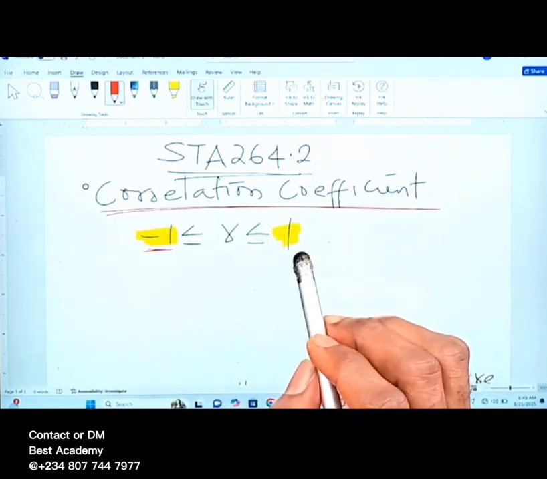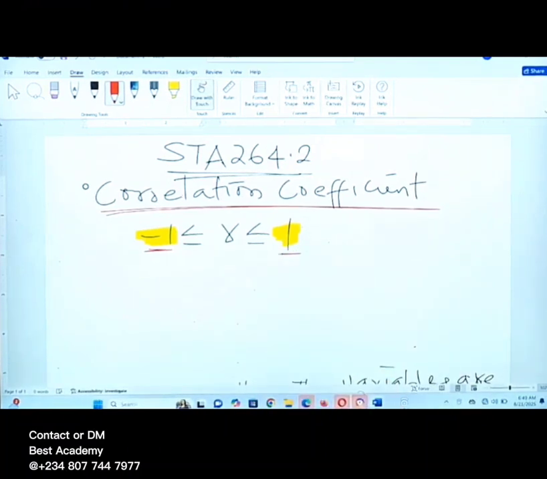In terms of +1, we call it perfect positive correlation.